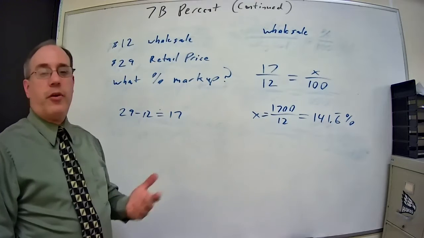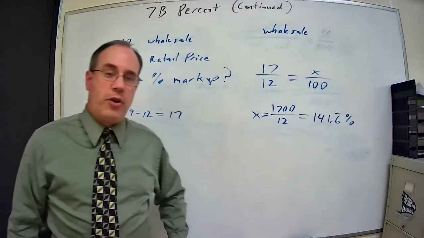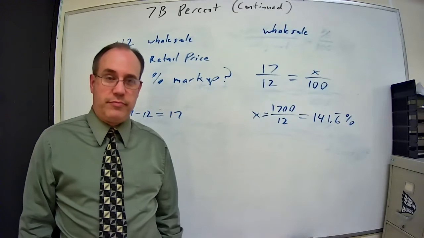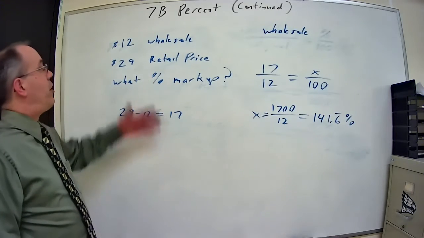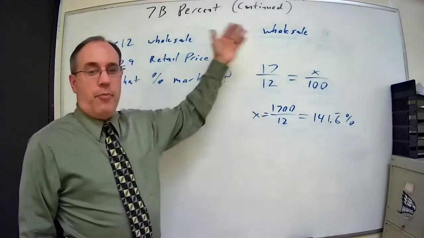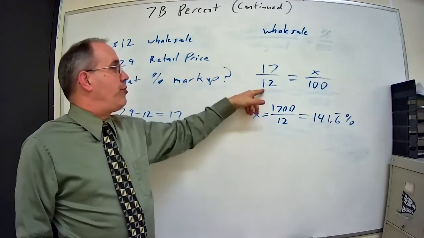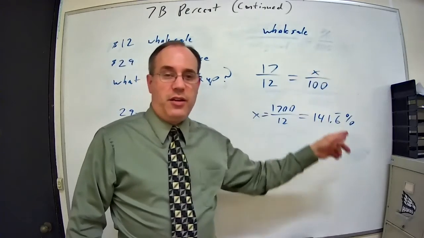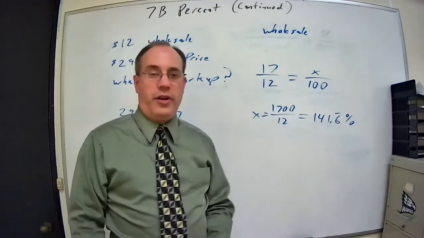So what percent markup? Approximately 142% markup. I more than doubled my money on selling that to you. And that's how markup works. It's just an amount of change over the original value is equal to the percent over 100.